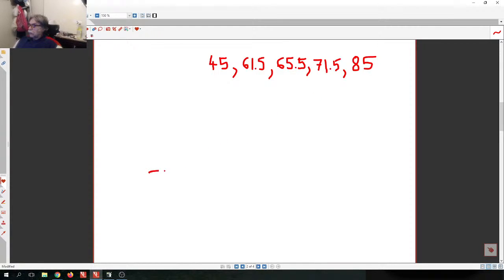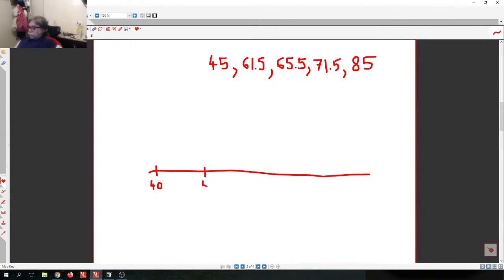So if I want to create a box plot, I will have the scale. You definitely want to use a ruler. I could use a ruler here, but I'm just simply going to do a sketch. So I want to have 40 because I know I need to have something below 45.